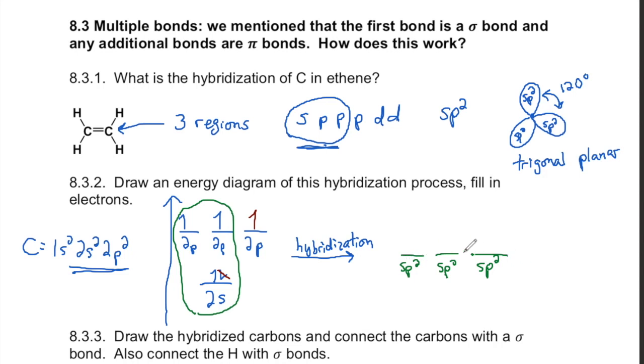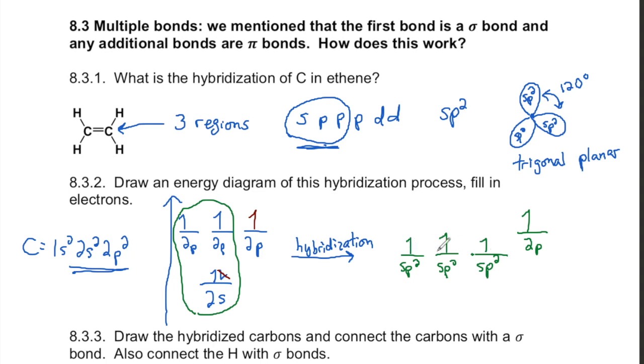So we have these 3 equivalent sp2 hybridized orbitals, kind of like these 3 lobes in the shape over here. And this remaining 2p orbital does not have anything happen to it. So I'm going to keep it at the same energy, and we have the 2p orbital.